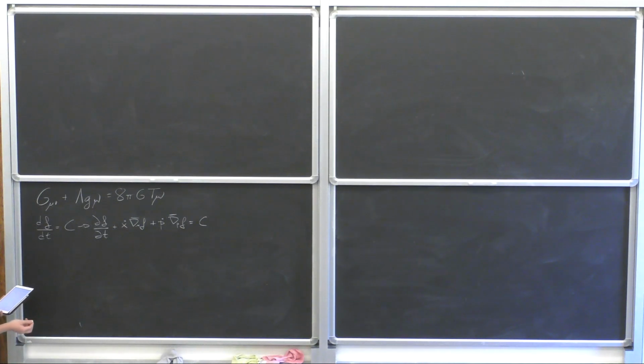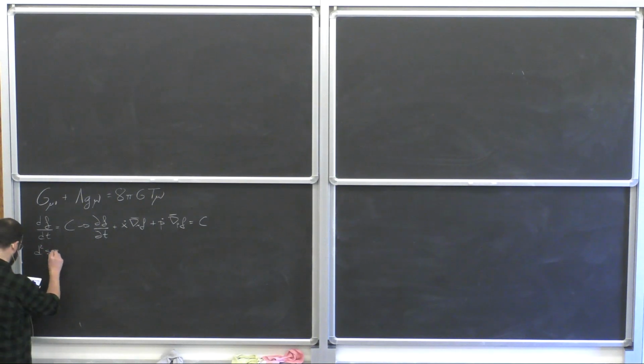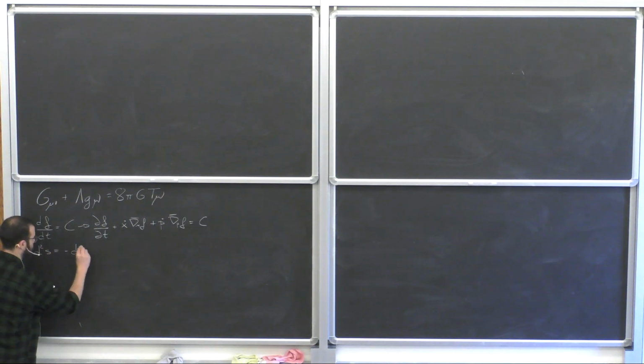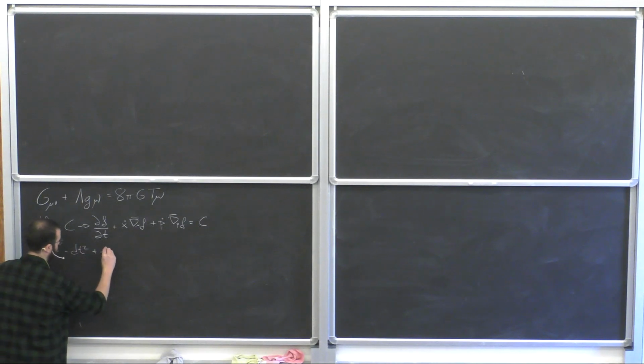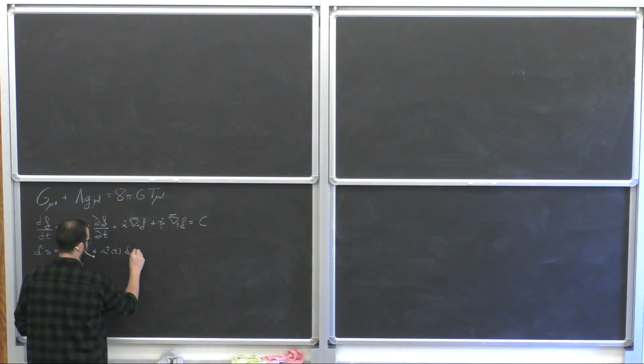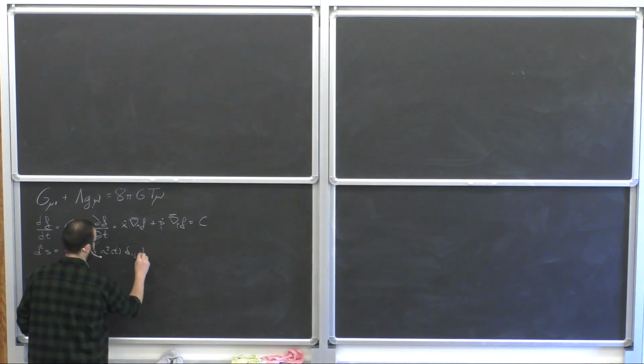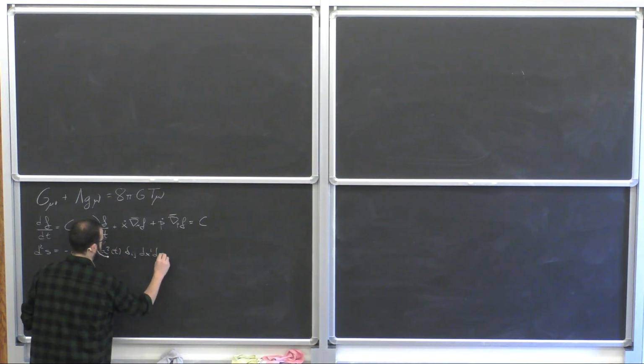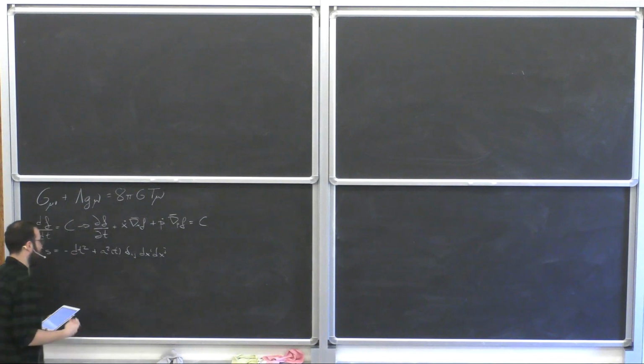And the metric in the background expansion that we're going to use is the Friedmann-Lemaitre-Robertson-Walker metric, which is a diagonal metric.